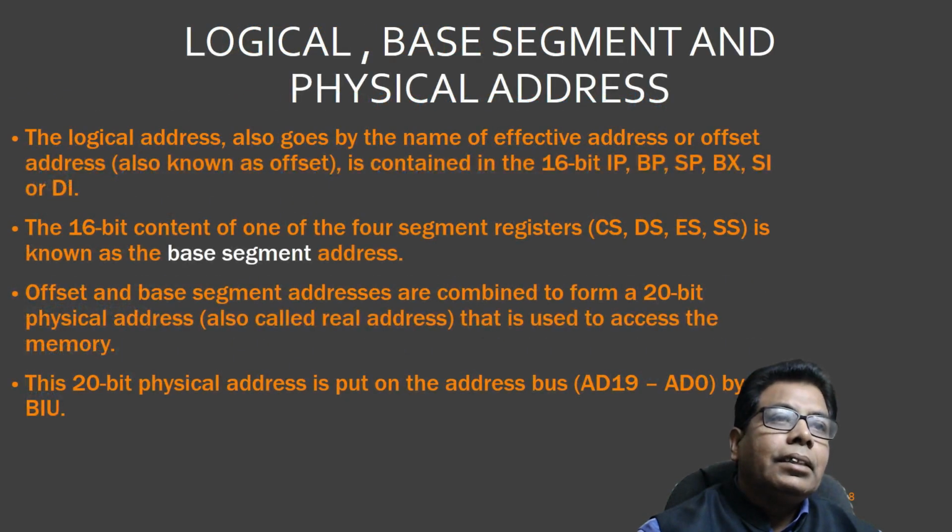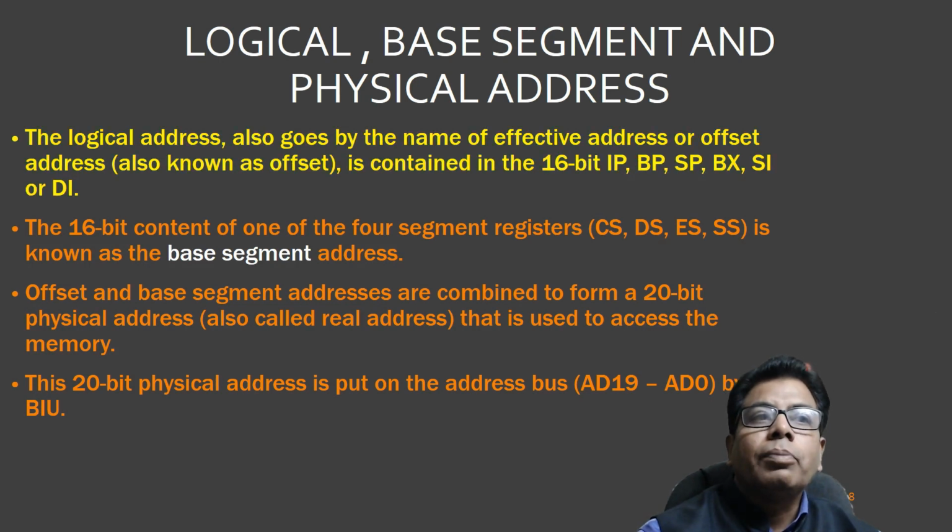Then let us see what is logical address and physical address. The logical address also goes by the name effective address or offset address, or sometimes it is also called as the offset.